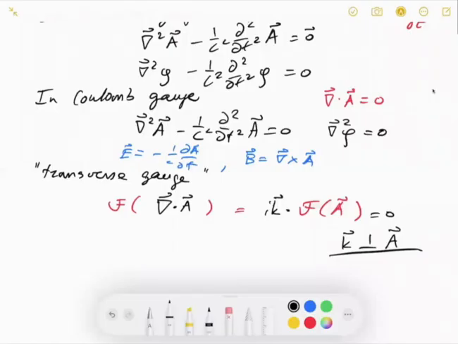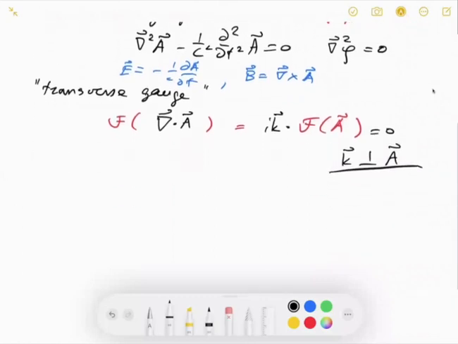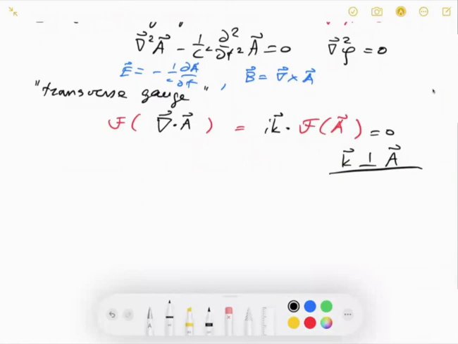So let's get going on the general properties of the wave equation. So for instance, I'm partial to the wave equation for the electric field. So let's say we have the electric field wave equation equal to 0.